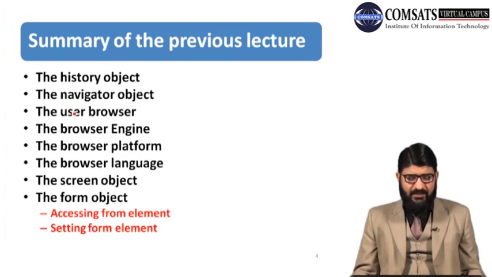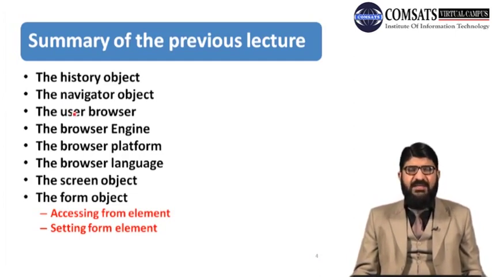In case you use the width property, it will give you the user screen width including the width of the taskbar, meaning it gives the complete width of the user screen.